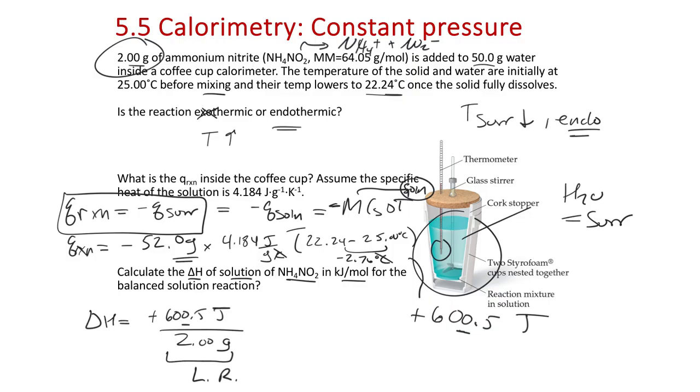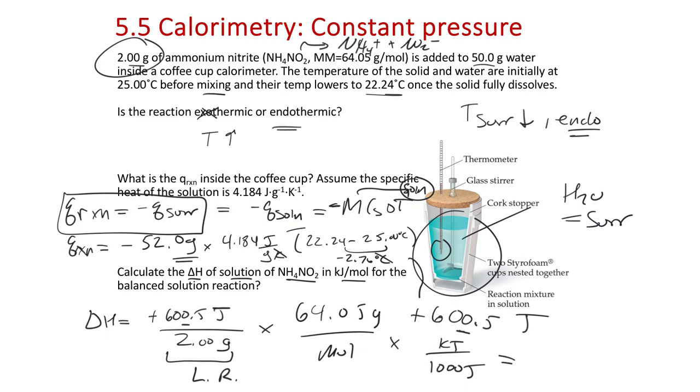But all we need to do to go to kJ per mole is go from joules per gram to joules per mole to kJ per mole. So we just need to do the simple conversion. And we're given the molar mass here, was 64.05 grams per mole. So that's how I get joules per mole, and then 1,000 joules per kJ.